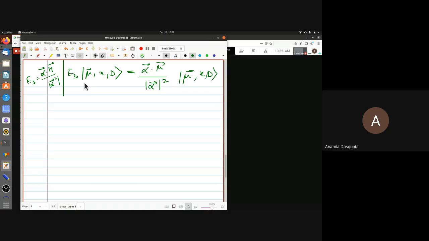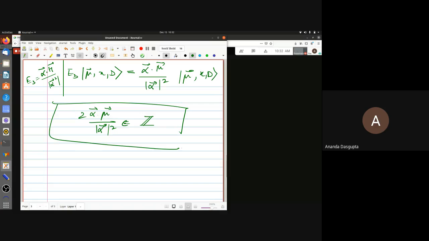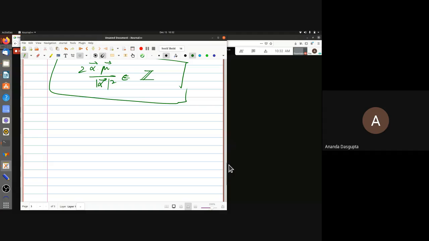In fact, there are SU2 eigenstates for every one of the SU2 subalgebras. And this immediately tells me that twice alpha dot mu by mod alpha square must be an integer, because that's something we know about all SU2 subalgebra representations. So I'm just borrowing from results that we already know from angular momentum.